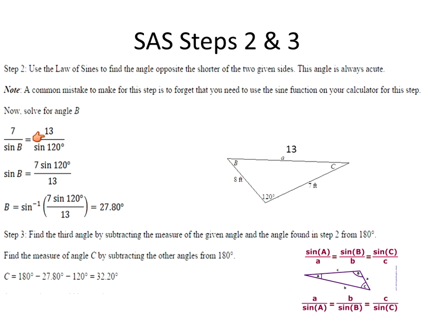When we cross multiply, we get sine B is equal to 7 sine 120 over 13. Your calculator can tell you what that angle is if we take the inverse sine of all of this. That will get you the degree. So we have our second angle now. B is equal to 27.8.